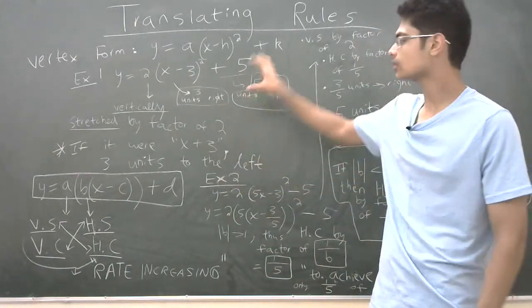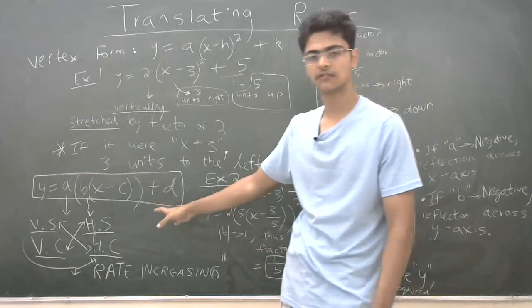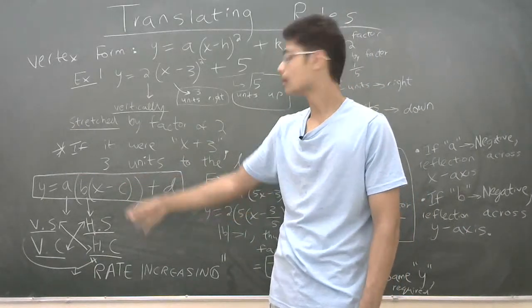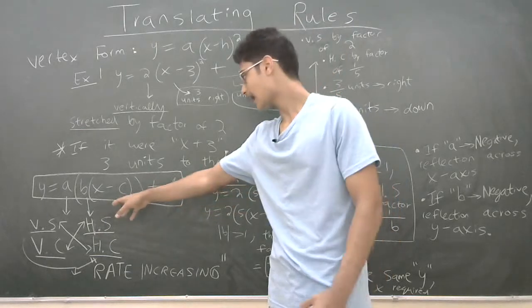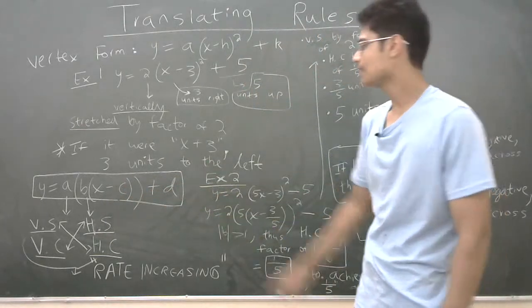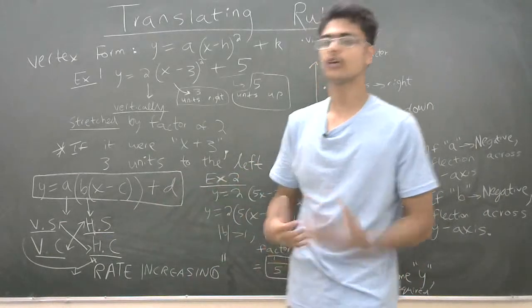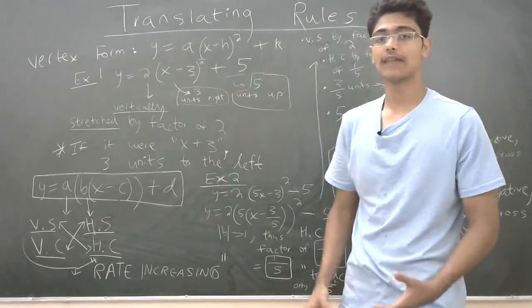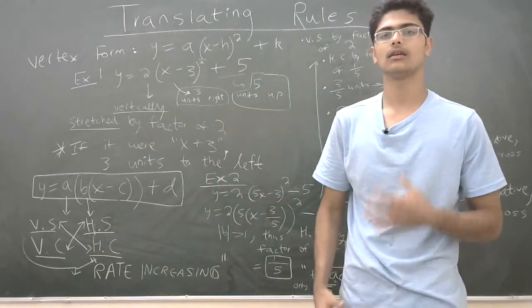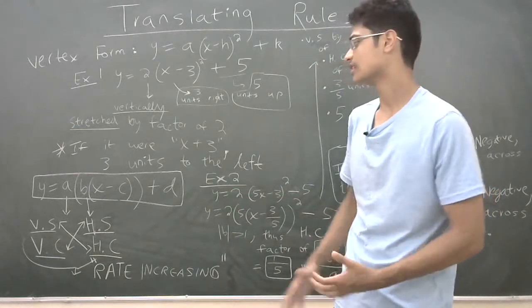And really, just looking at this example gives us this form, which is y equals a times (b times (x minus c)) plus d. And this is very important because whatever function you derive, it should be placed in this form to determine exactly what translations it has.